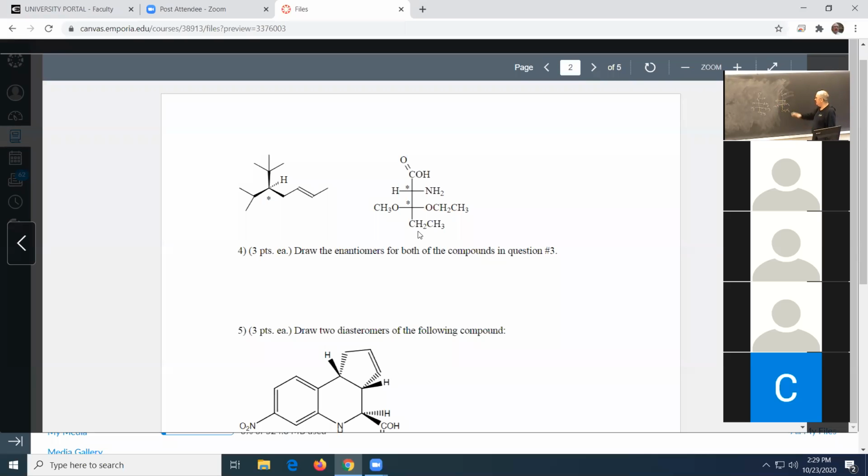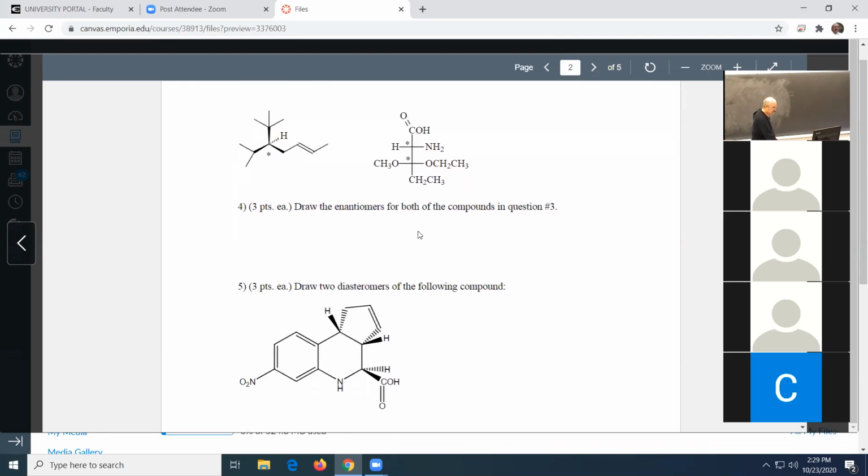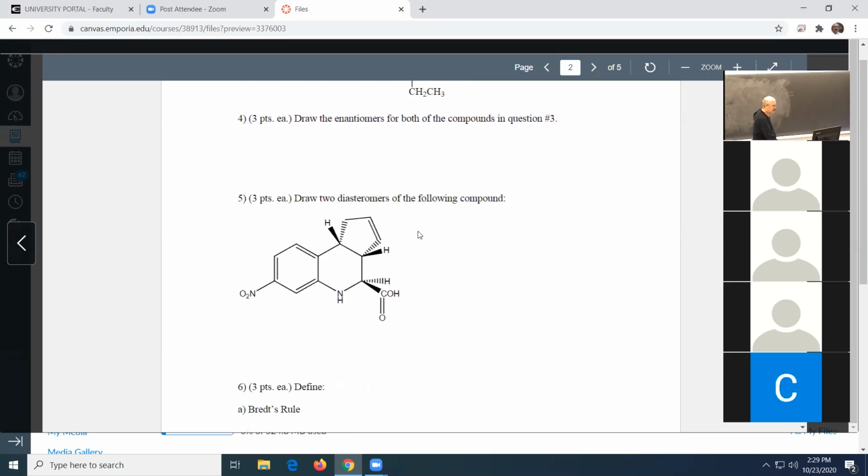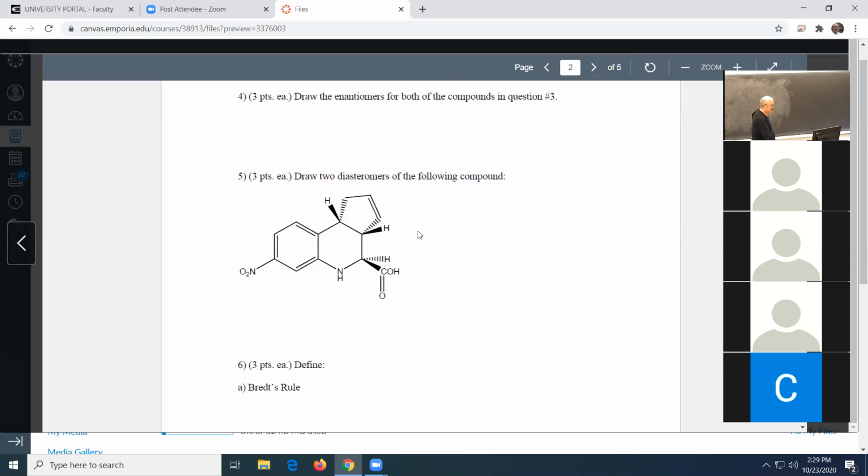So this is the enantiomer. If we were to switch just one chiral center but not the other, that would be a diastereomer.